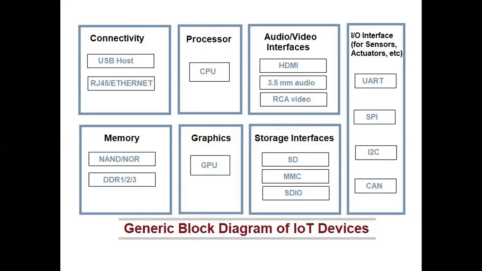These are the different components of IoT devices needed for the design of IoT. So, whenever we talk about the physical design of IoT, these devices must be kept in mind and must be explained.